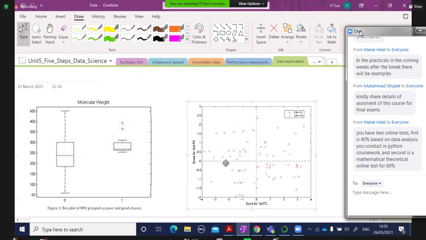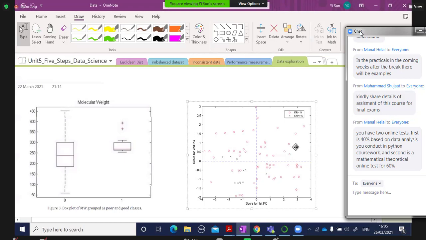So here are only two plots generated by our MSc student. She plotted box plots for all those features, and each box here corresponds to poor ER chemical compounds, and here corresponds to good ER enhancers. And she also used a PCA plot to visualize the whole data set.